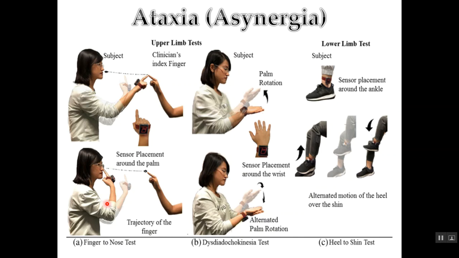The third one, the movement of the limb is decomposed, like the movement of a robot. There is also the heel to shin test. This is the main test we do for a patient with cerebellar ataxia. You will take this in detail in clinical.